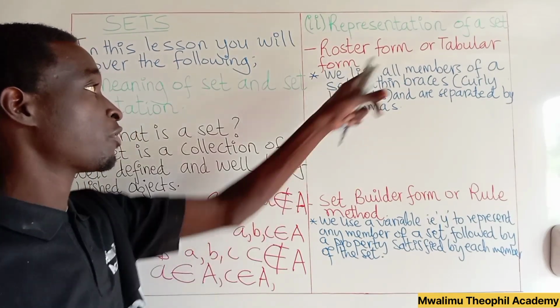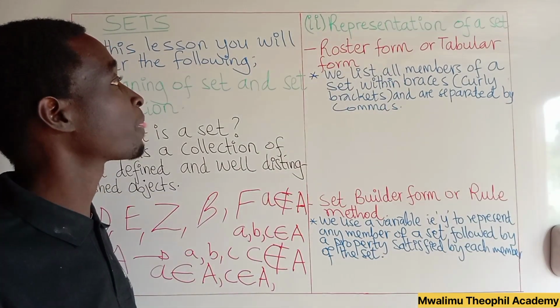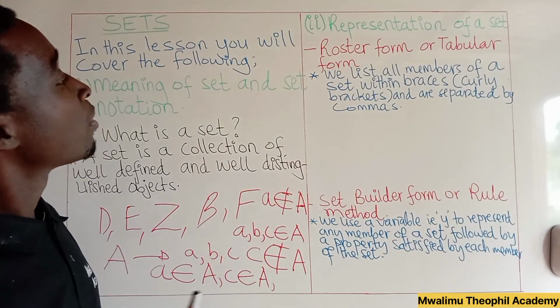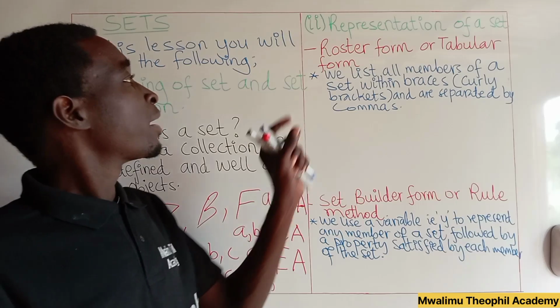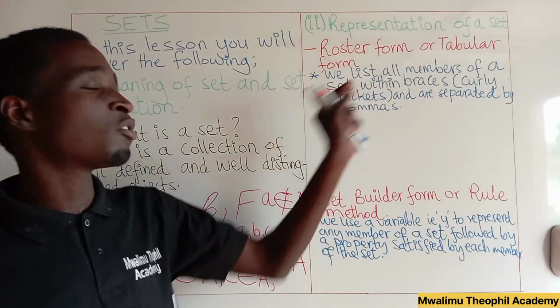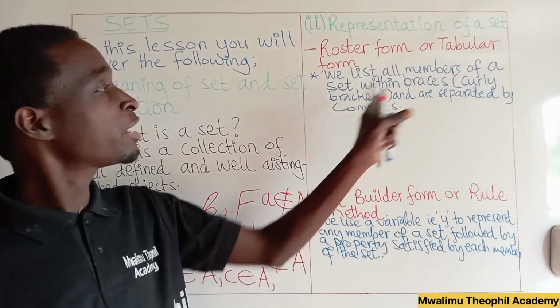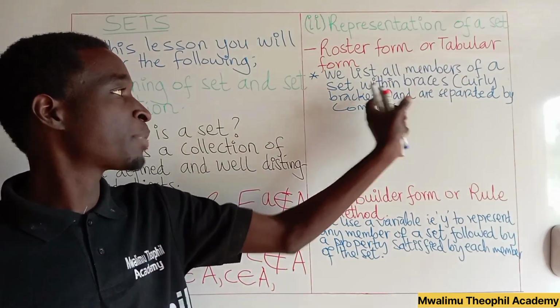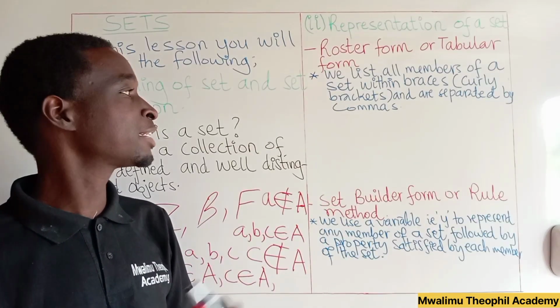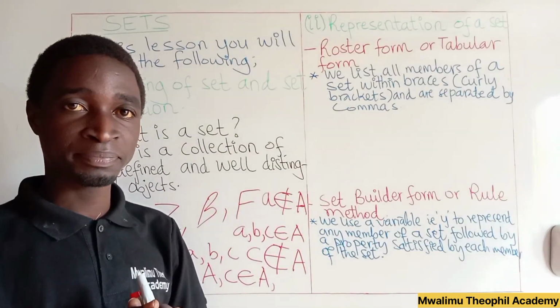This is roster form or tabular form. How do we carry it out? We say that in roster form or tabular form, we list all members of a set within curly brackets, and these elements are separated by using commas.